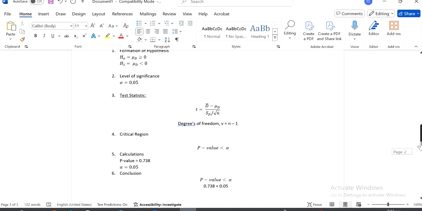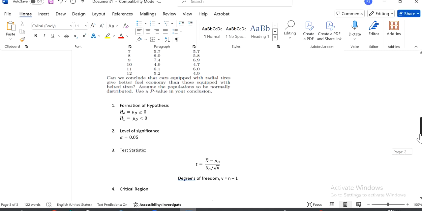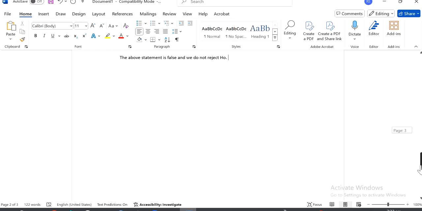So we are not rejecting H naught, we are accepting H naught. That means the difference is greater than 0. The difference being greater than 0 means the first sample was the radial tire.